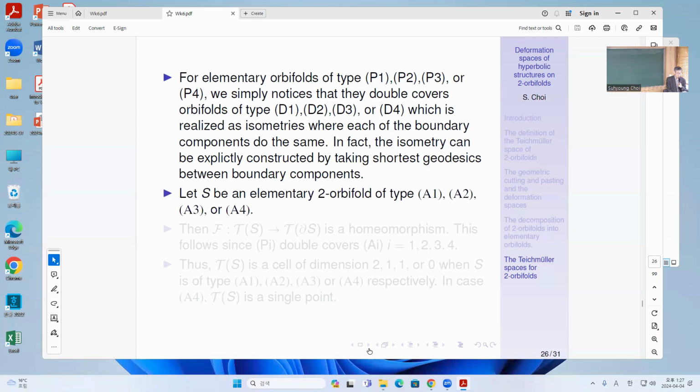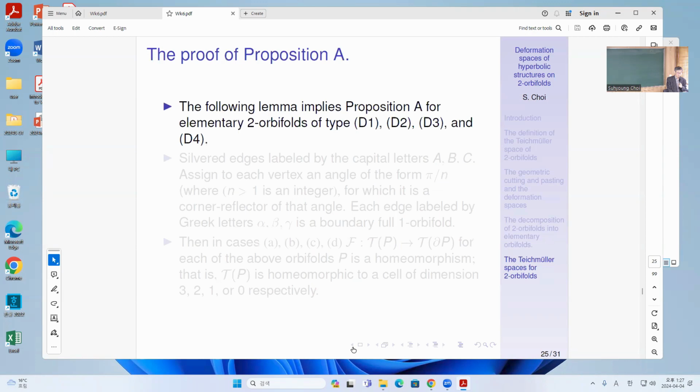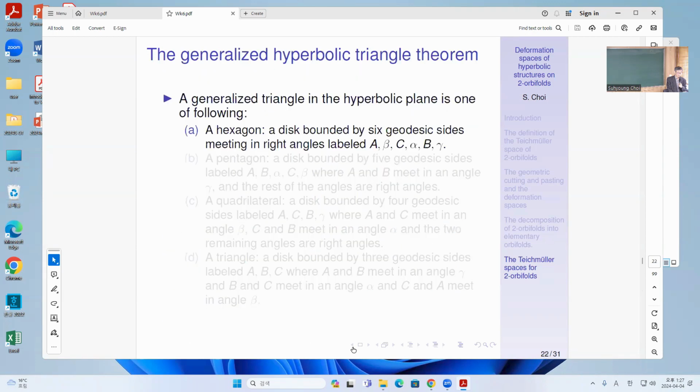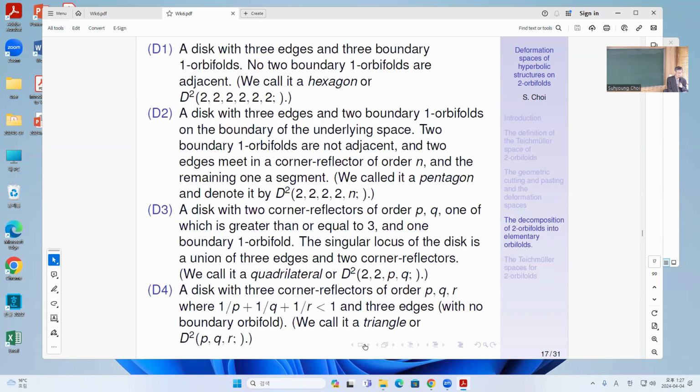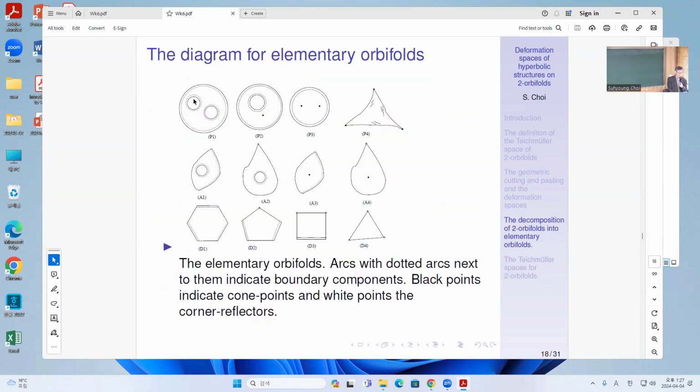And then for A1, A2, A3, A4, again there's the double cover here. So let's show how that works. Here the double cover will be some involution about here. And then the involution will be something that goes around starting from here, ending at here. And then another one is involution about here, and then the involution about here.